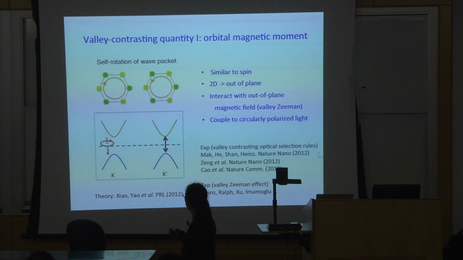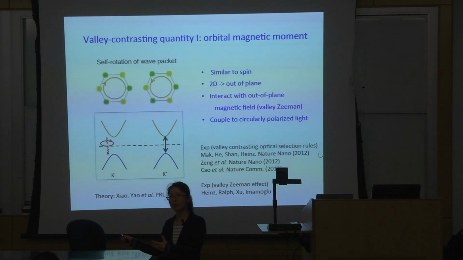If you accept this picture, you can easily convince yourself that this orbiting gives you a magnetic moment, and the two pictures give 2 different magnetic moments. One is out of the plane, and the other one is into the plane. So now we have the orbital magnetic moment.